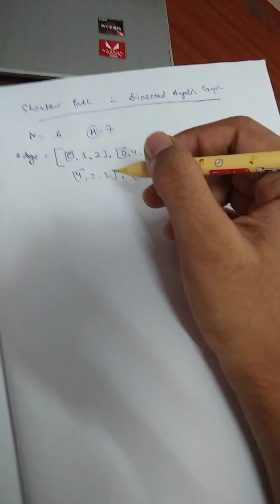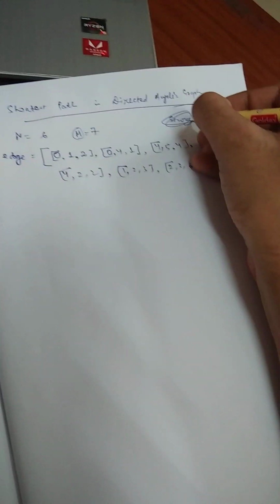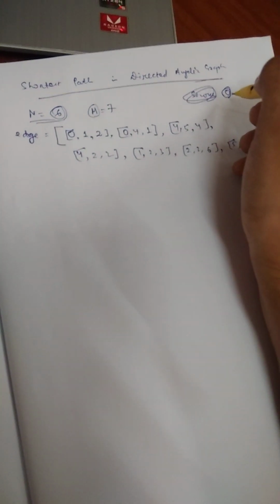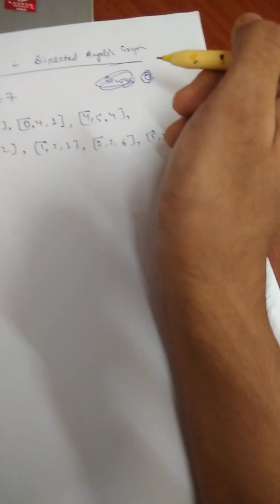We need to find the shortest path from the source node, which is nothing but node 0, to every other node present in this graph. So suppose there are 6 nodes. We need to find the shortest path from node 0 to node 1, 2, 3, 4, 5. Alright. And how do we need to do it?